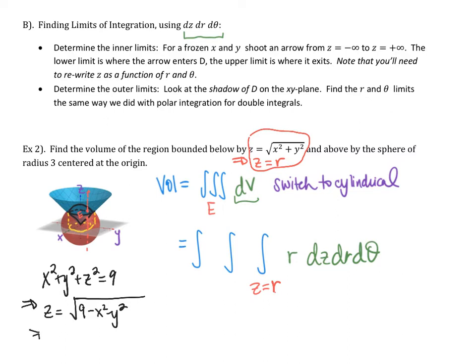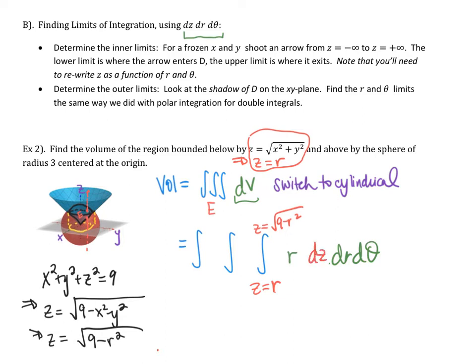And then in cylindrical, we can replace x squared plus y squared with r squared, so this just becomes 9 minus r squared. That's going to be my upper bound here, the square root of 9 minus r squared. I want to match these colors here so you can see what they relate to. So let's make them match.